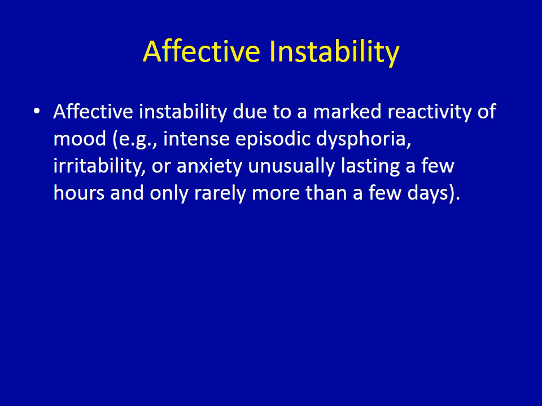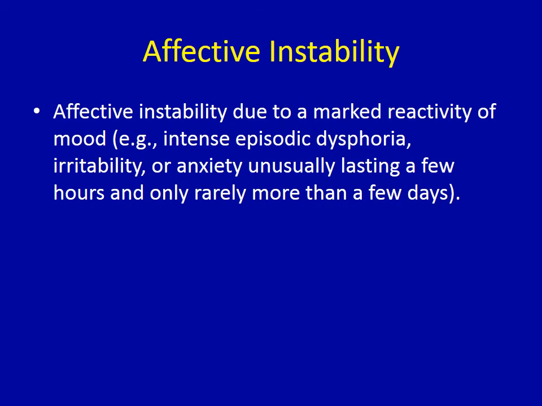So one symptom is just describing this affective instability due to reactivity of mood. So this might be characterized by intense dysphoria, irritability, anger, anxiety, that typically lasts just a few hours and is not typically sustained longer than a few days.